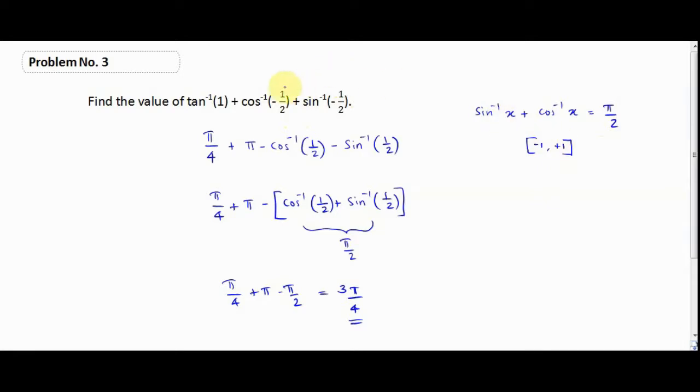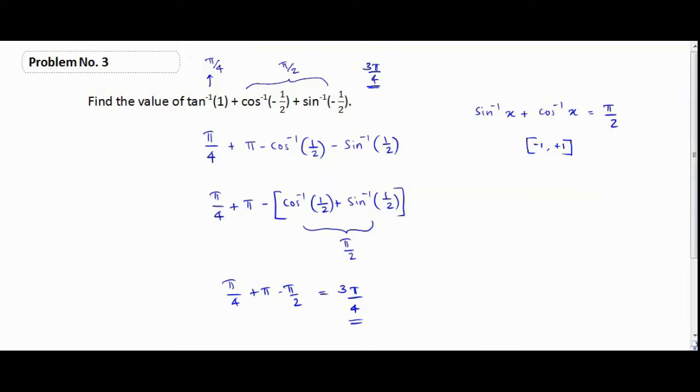Therefore this sum may be replaced with pi by 2. And tan inverse of 1 is nothing but pi by 4. When you add up this pi by 4 with this pi by 2, what we get is 3 pi by 4. This way in a single step we can solve this problem.